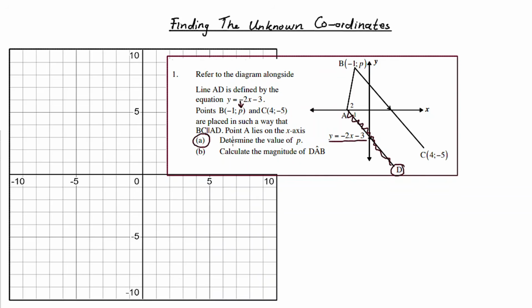Then for the first question, they ask you to calculate what? The value for P. How do we calculate this? In order to find P, you're going to need either the distance for line BC, or the gradient, or you can use the midpoint. But in this case, I think it's obvious.